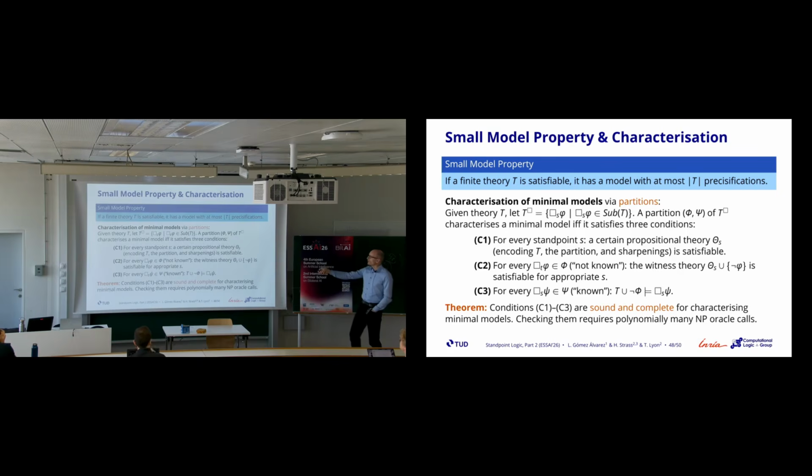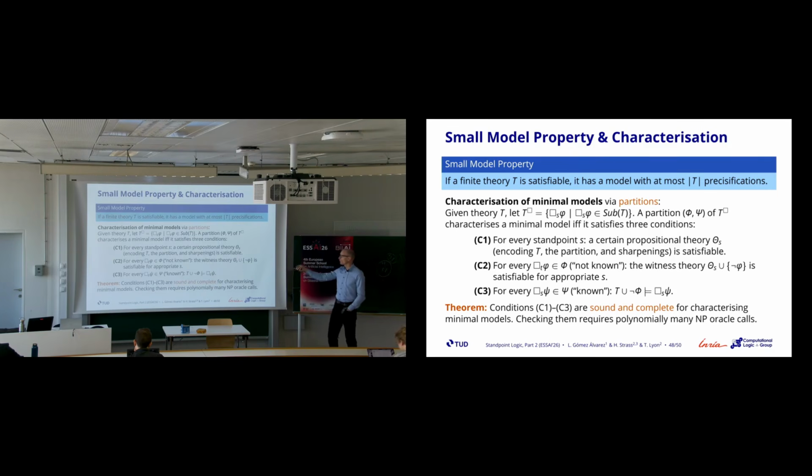And the important bit, and this takes quite a while to prove, is that you can formulate conditions on such a partition that exactly characterize whether such a partition represents a minimal model. Right? So the idea is to then only check these conditions to verify that you have guessed a minimal model by guessing your partition. And the conditions are as follows.